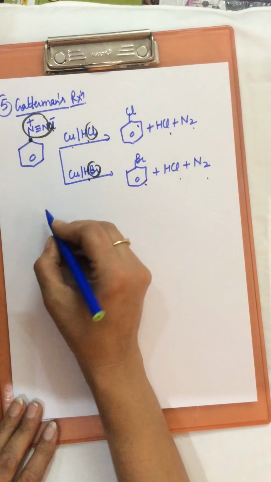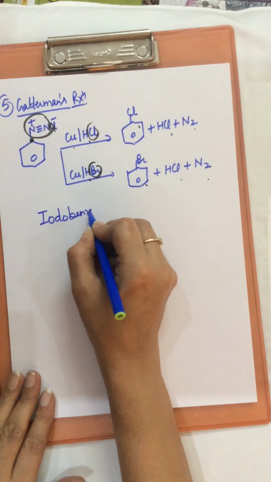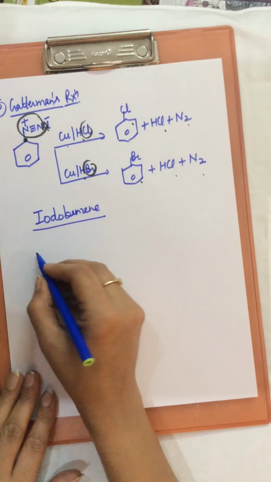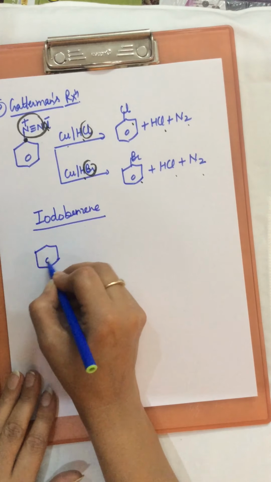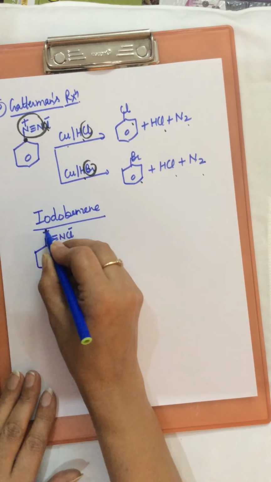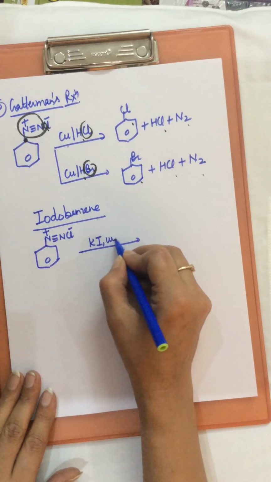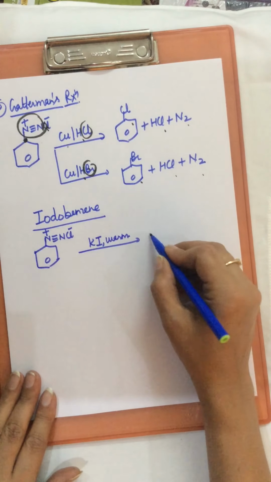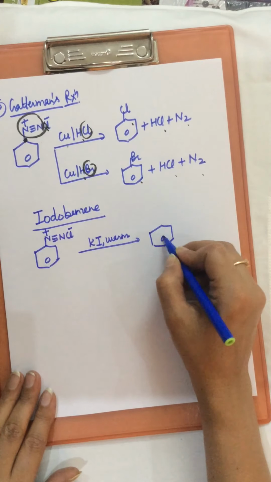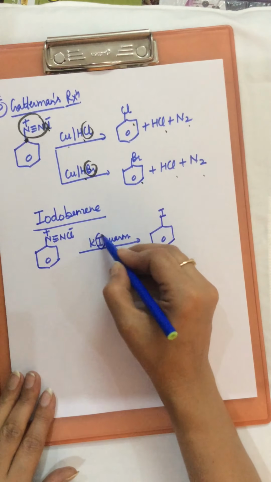Now if we have to prepare iodobenzene, then what do we have to do? To prepare iodobenzene, we can take benzene diazonium chloride only, but react it with potassium iodide and warm it a little. It will form iodobenzene.